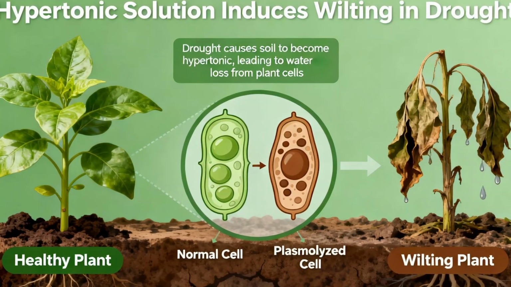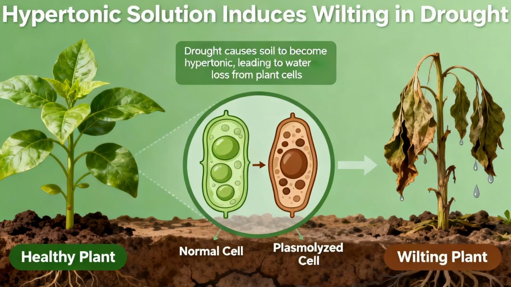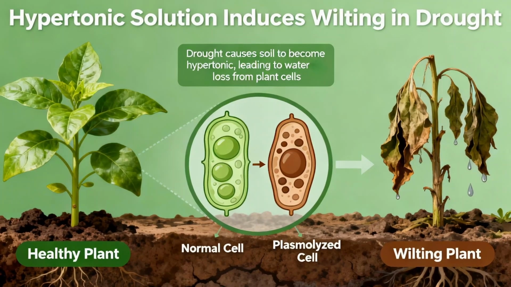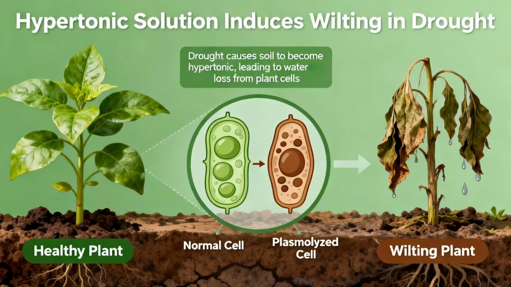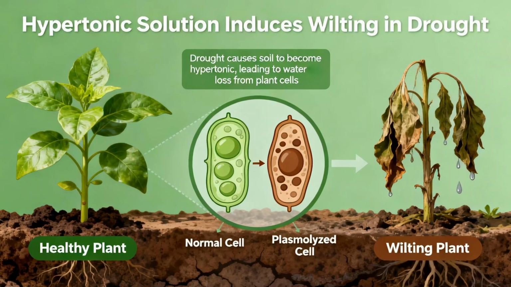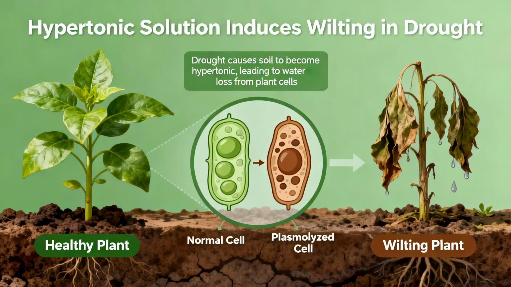The condition here is hypertonic solution. Those plants are losing water from their cells. If it is not controlled, it will result in what we call wilting in plants, and also what we call plasmolysis. You understand? So we shall be considering this term as we progress. So these are the major terms that are used in osmosis.